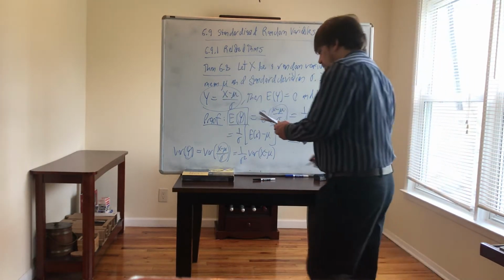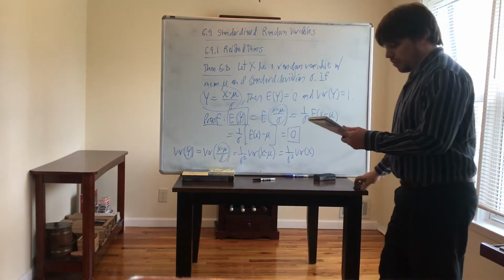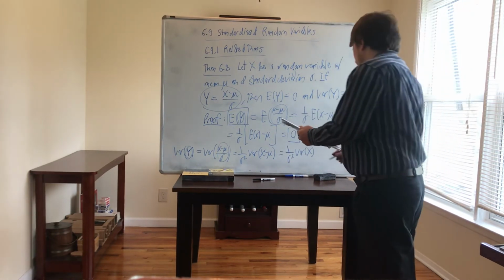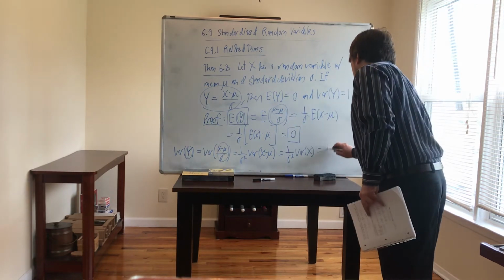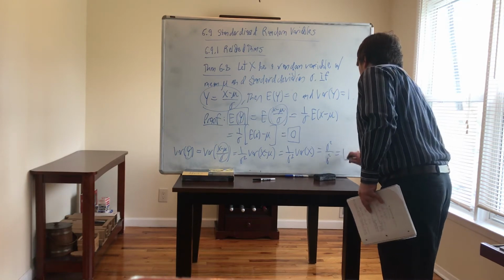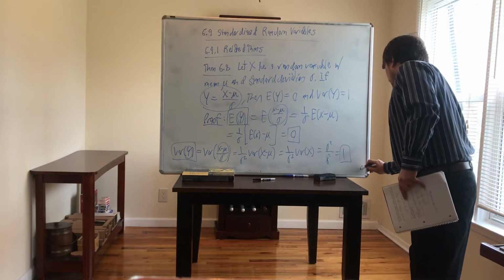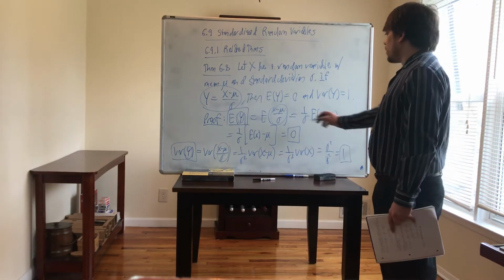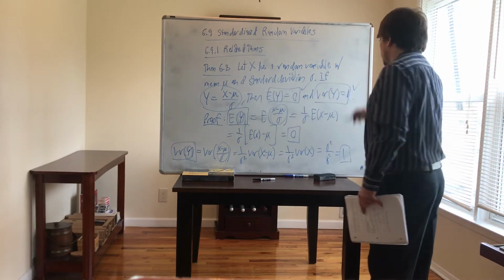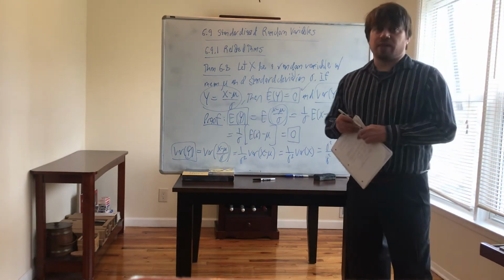And then this is equal to 1 over sigma squared times the variance of X. Subtracting mu doesn't change the value of the variance of X. And so the variance of X is sigma squared, and then you're dividing it by sigma squared. So sigma squared divided by sigma squared is equal to 1. And so the variance of Y is equal to 1. And that's the proof of the second part. So we showed that E of Y is 0, check, and the variance of Y is 1, check. We showed both those things, and so we proved theorem 6.8 here.